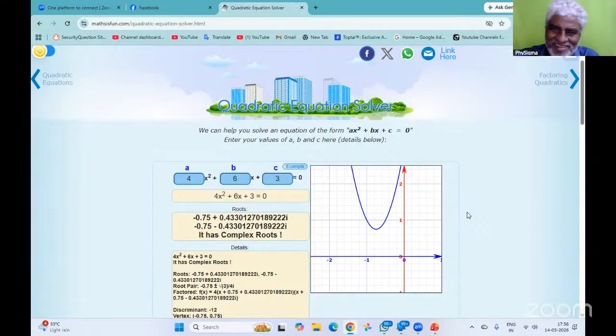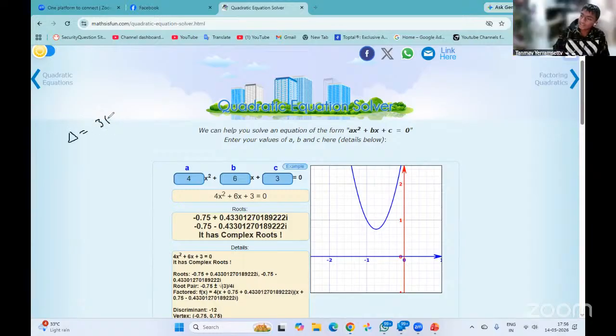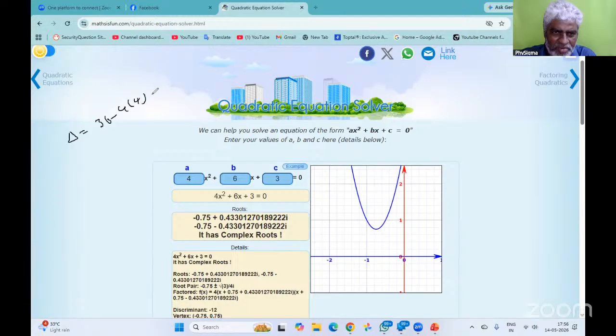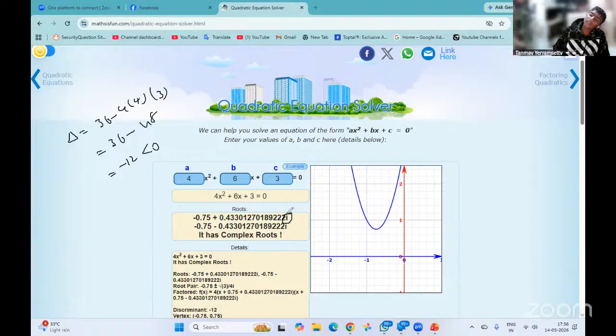We can prove it, because what's the value of delta? Delta is b square minus 4ac. 36 minus 4 into 4 into 3. 4 fours are 16, 16 threes are 48. 36 minus 48 is negative 12. That's why it has no roots. If C is 1, then it would work out. Maybe change C to 1.